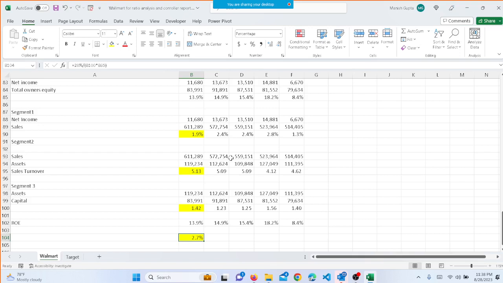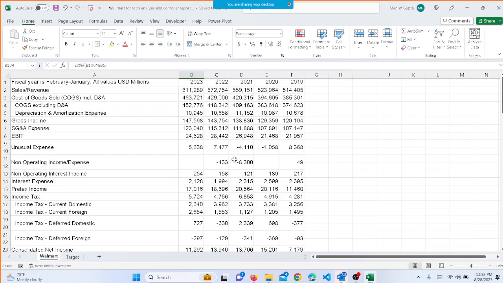Then we can establish whether the problem is in operating performance or the company has been paying more taxes this year compared to any other year, right? So you can go into that detail, but for the purpose of this, maybe we can stop it here, right?